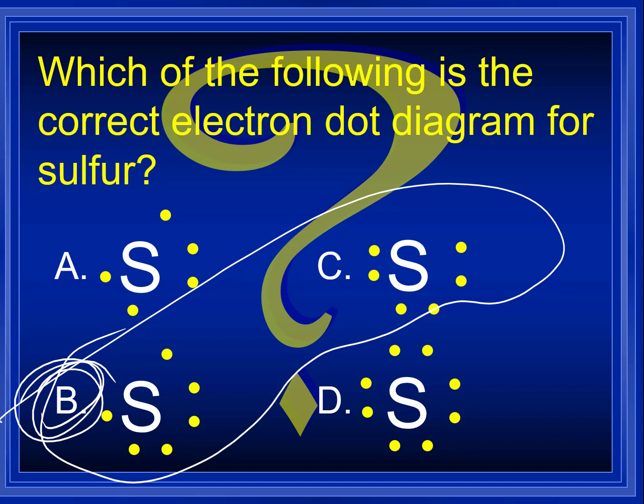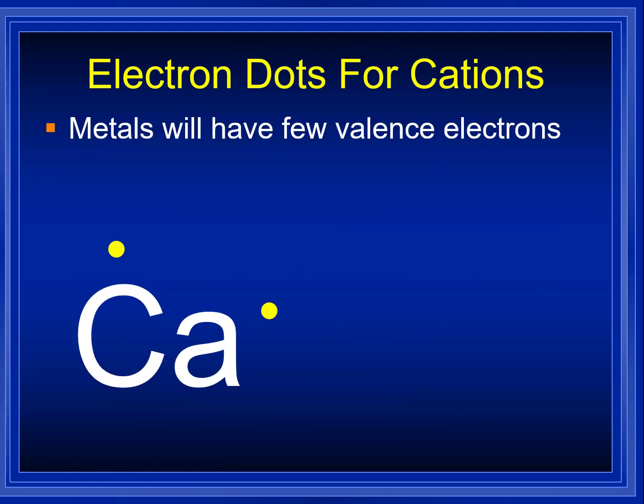Okay, so here's what we use them for. Metals are always going to have very few valence electrons. Why? They're on the left-hand side of the periodic table. Okay, but why?